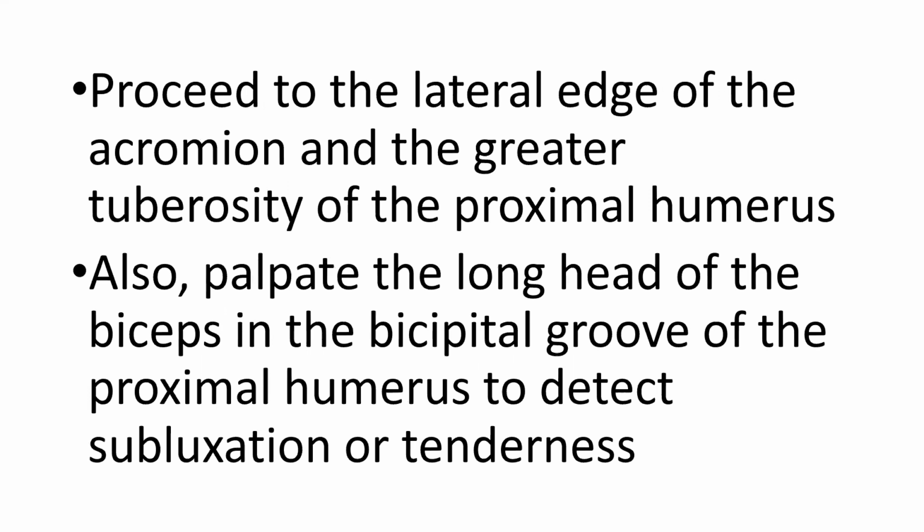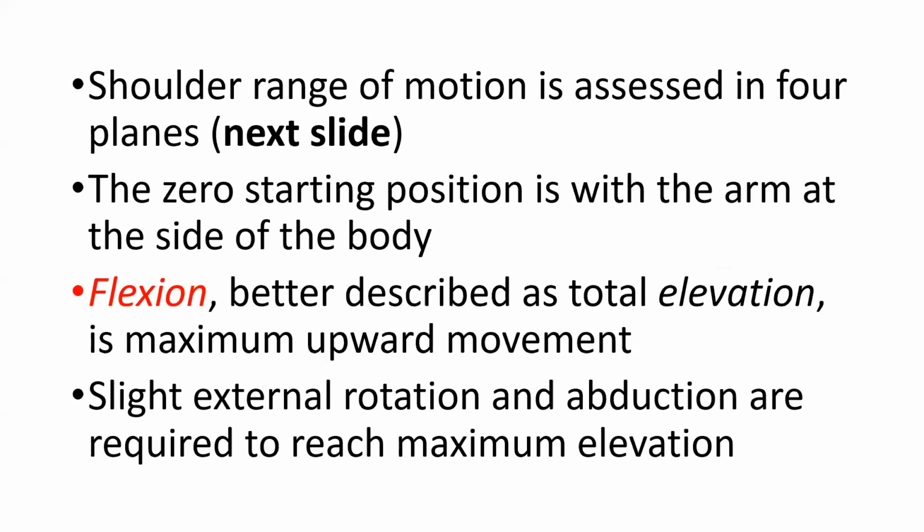Proceed to the lateral edge of the acromion and the greater tuberosity of the proximal humerus. Also, palpate the long head of the bicep that lies in the bicipital groove of the proximal humerus between the greater tuberosity and lesser tuberosity to detect whether subluxation is occurring or tenderness secondary to inflammation or tendinitis. So keep this in mind.